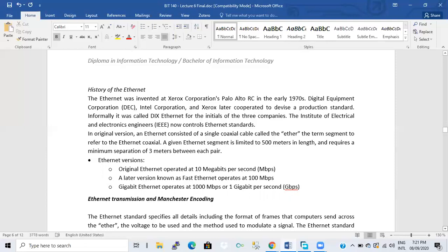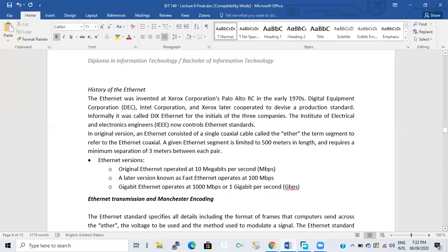Ethernet comes in a number of versions. The original Ethernet operated at 10 megabits per second. A later version known as Fast Ethernet operated at 100 megabits. And then now we have what we call Gigabit Ethernet, which operates at 1000 megabits or 1 gigabit per second.